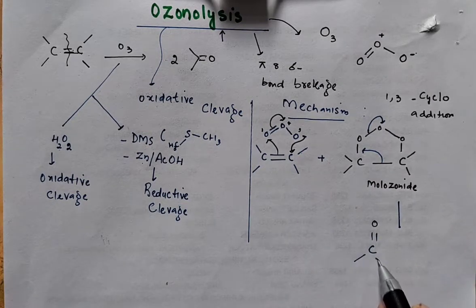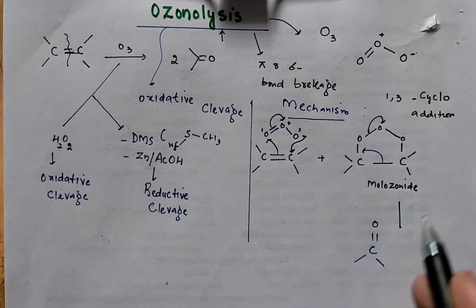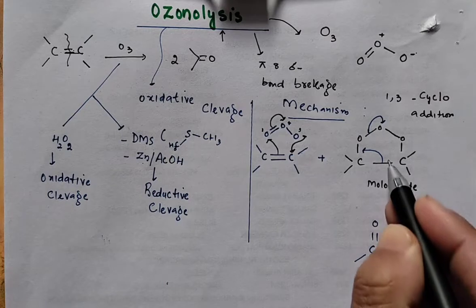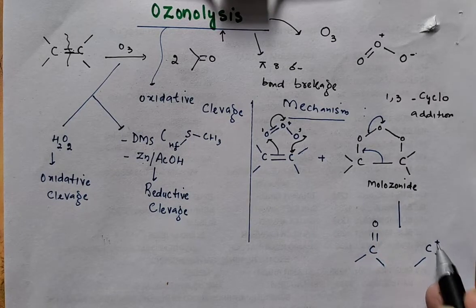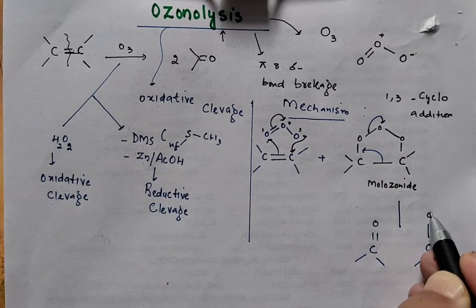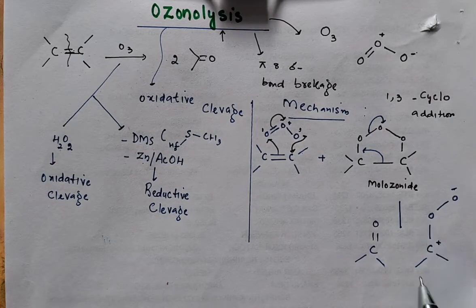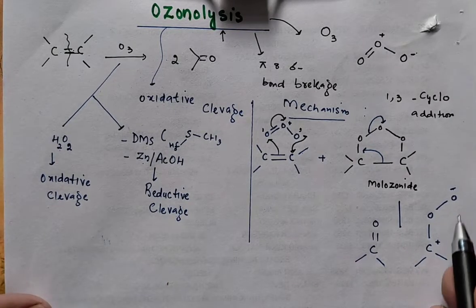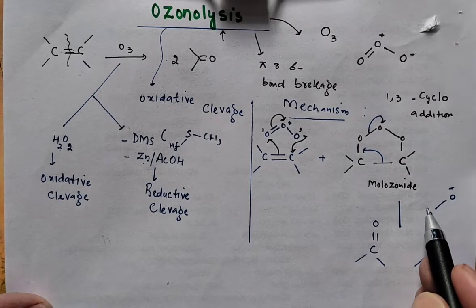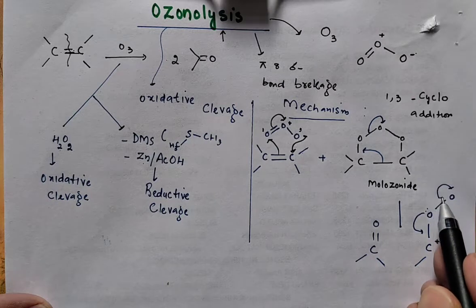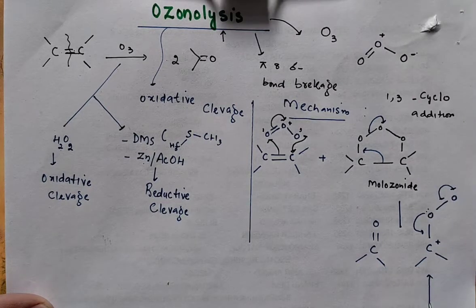This is the carbonyl fragment from this portion, and here we have, so this gets a plus charge, oxygen and oxygen negative. Okay? Yeah, this is very important. In this fragment that forms, we have a lone pair here that can stabilize this, and then this can come here. So we can also form the canonical structure of this.